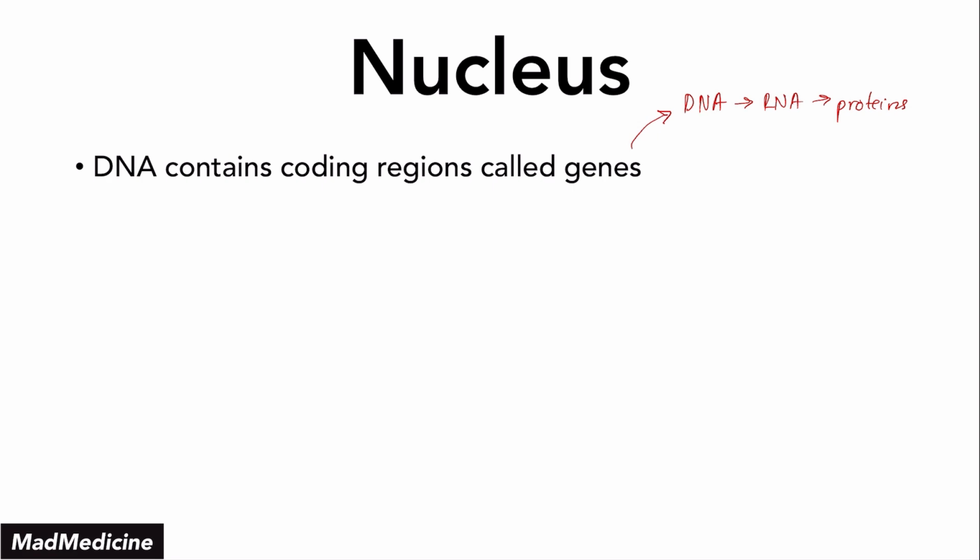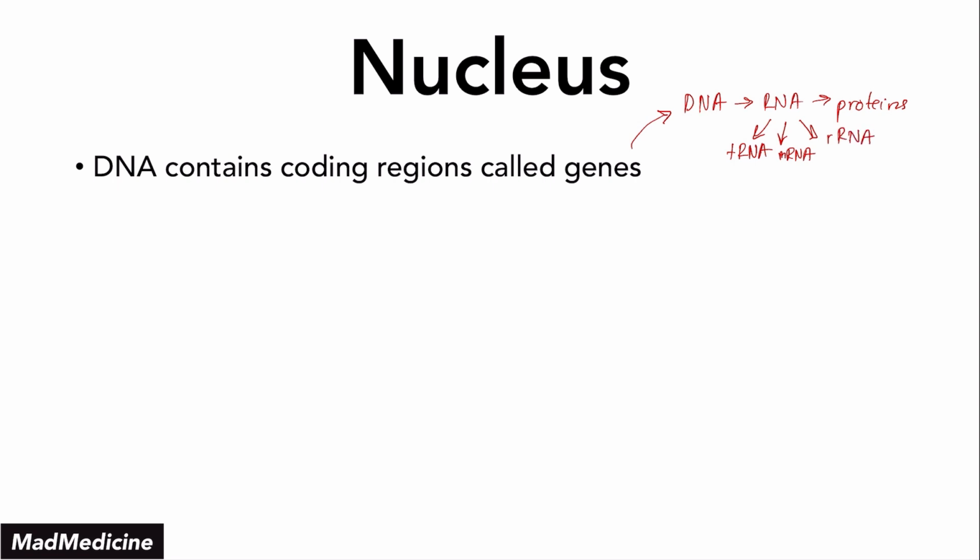Now, the other thing you need to remember is the structure of RNA. You have 2 or 3 types of RNA actually. You have tRNA, you have mRNA, and you have ribosomal RNA.